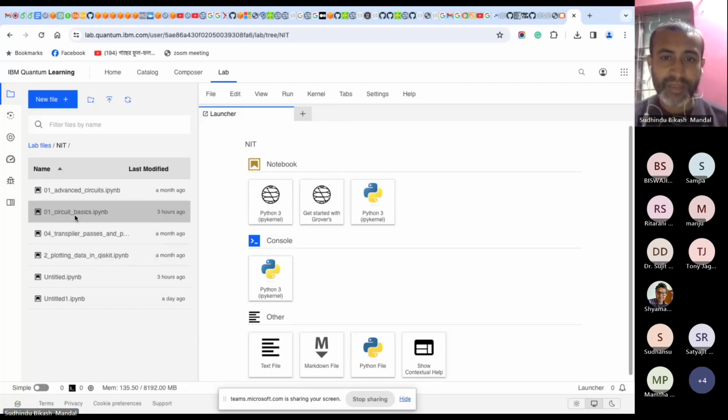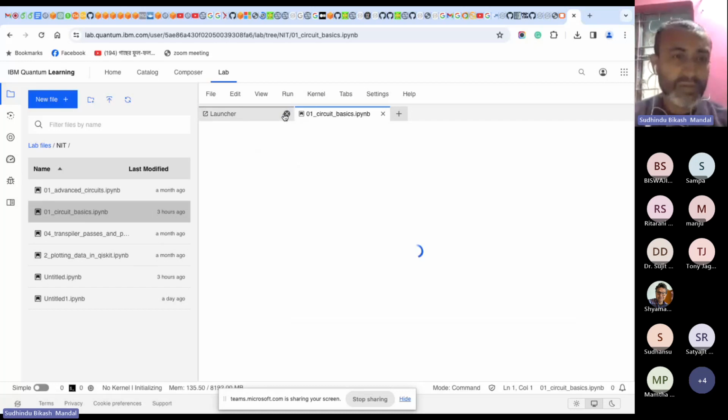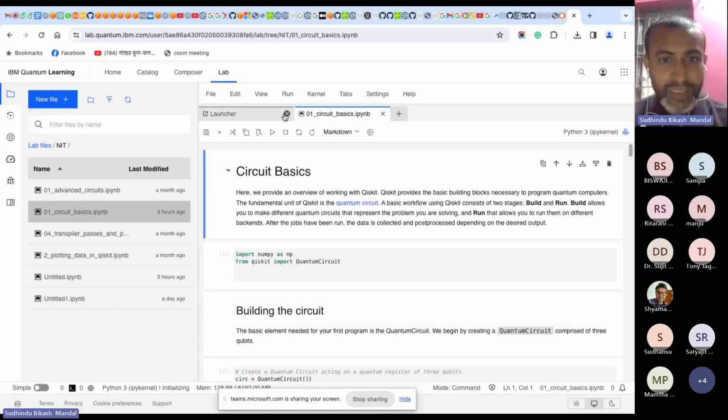Okay. First of all, this one is a very user-friendly cloud platform. If you enter into this cloud, it will automatically show how you can create a folder in this cloud, and then how you can create a new file within this folder.